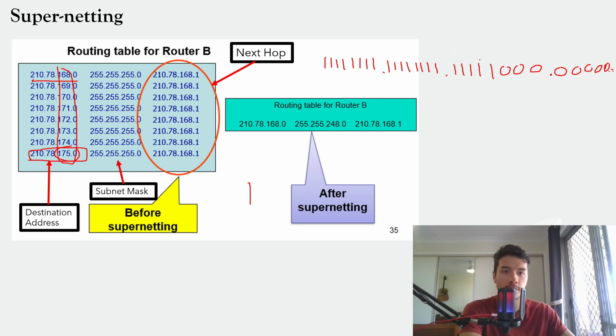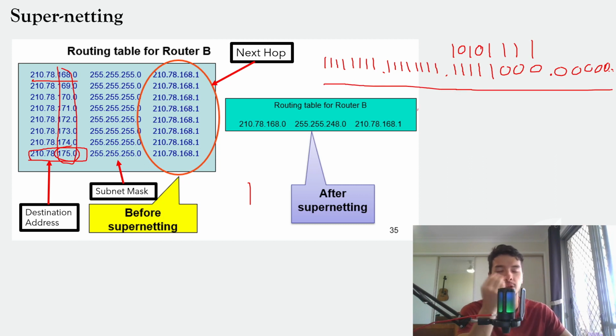Oh no, 175, sorry, is going to be 0, 0, 1, 0, 1, 1, 1, 1. Now this would convert if you do the binary conversion, which you can look up: if it's 1, 1, it equals 1.